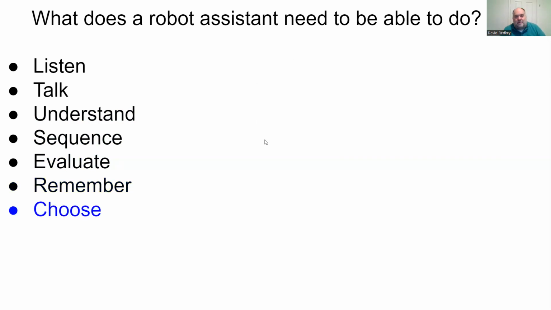And finally, computers have to be able to choose between 2 paths of action. This is something that we as people do pretty instinctively, but a computer has to be taught that sometimes it should do one thing and sometimes it should do something else.